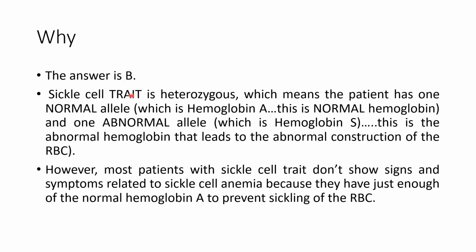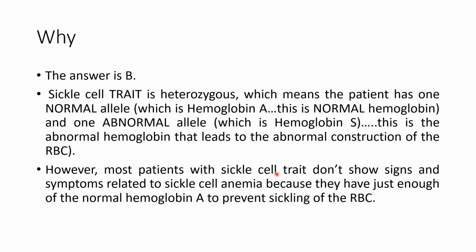The sickle cell trait is heterozygous. Already we have seen, one gene is normal and the other gene is abnormal, which means the patient has one normal allele, that is hemoglobin A, normal hemoglobin, and one abnormal hemoglobin, that is hemoglobin S. This hemoglobin S leads to abnormal construction of RBC or deformation of RBC.